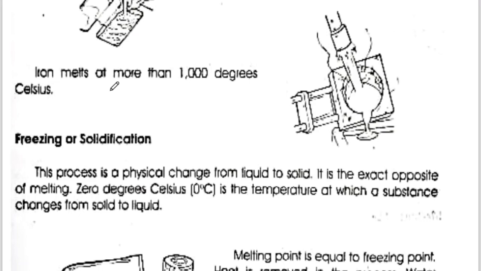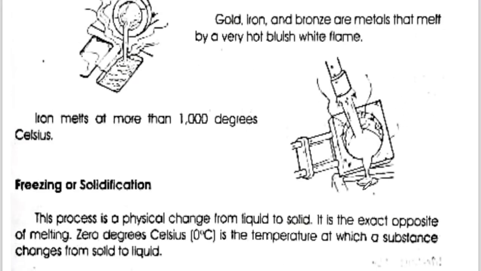Next, iron melts at more than 1000 degrees Celsius. So that is also an example of physical change because it only changes their appearance. But still, it's iron.